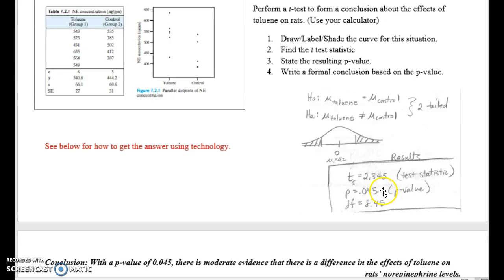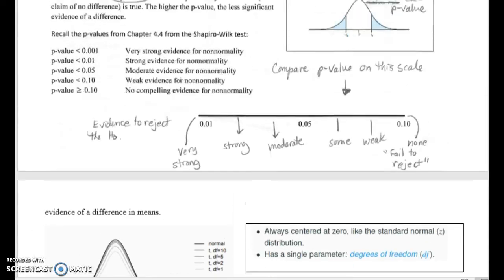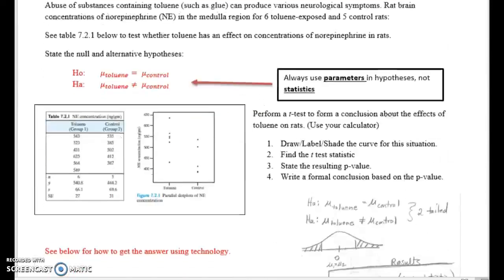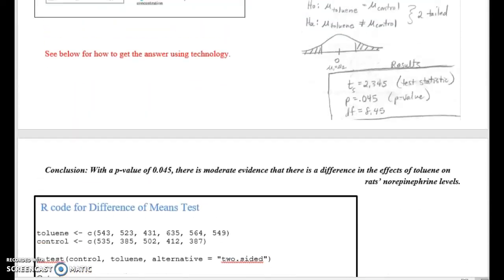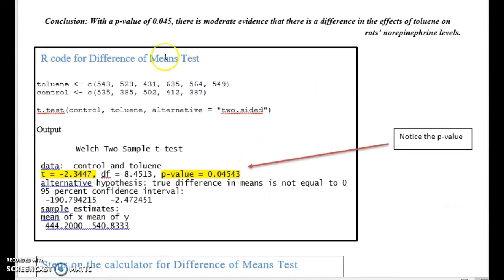The p-value of 0.045, if you go back to what we know about p-values, 0.045 fits right about here. So there's some moderate evidence that there is an effect of toluene on norepinephrine levels. So our conclusion: with a p-value of 0.045, there's moderate evidence that there is a difference in the effects of toluene on rats' norepinephrine levels.